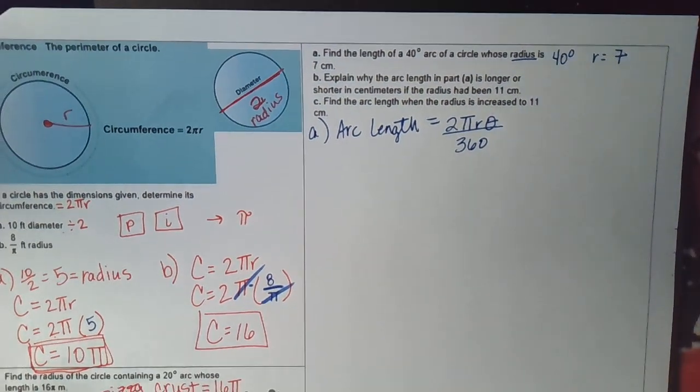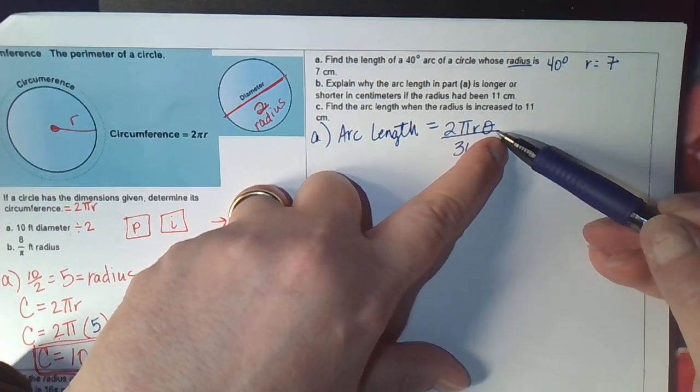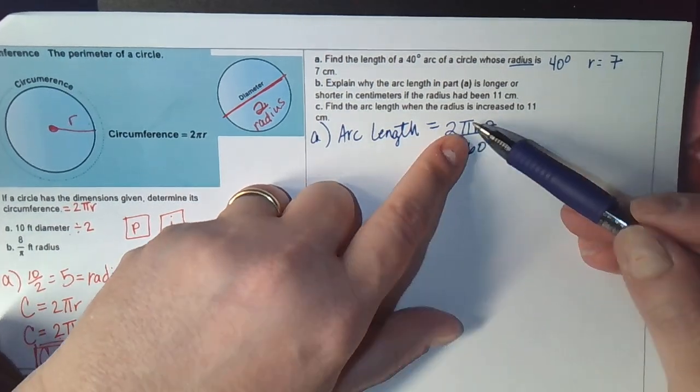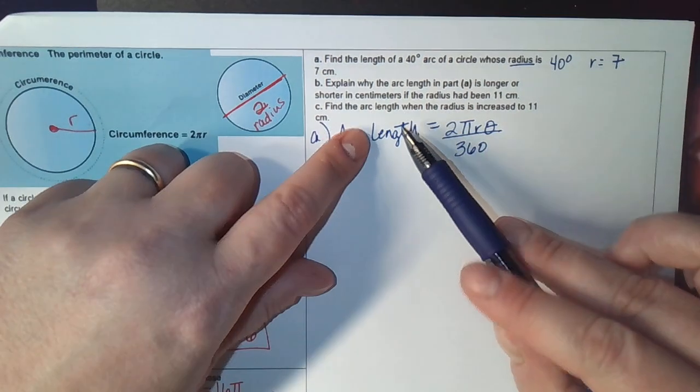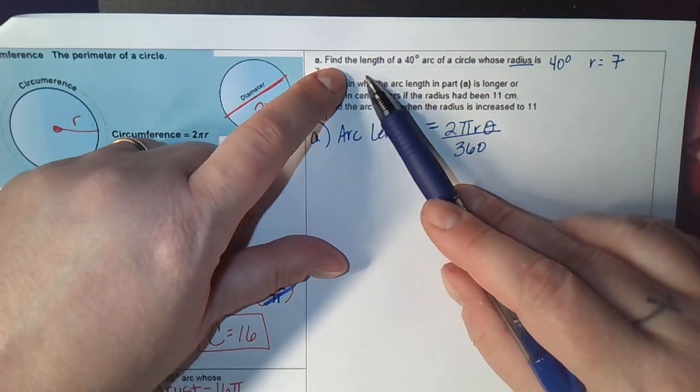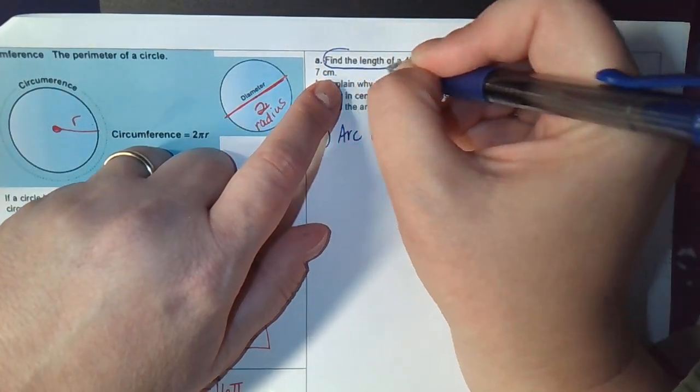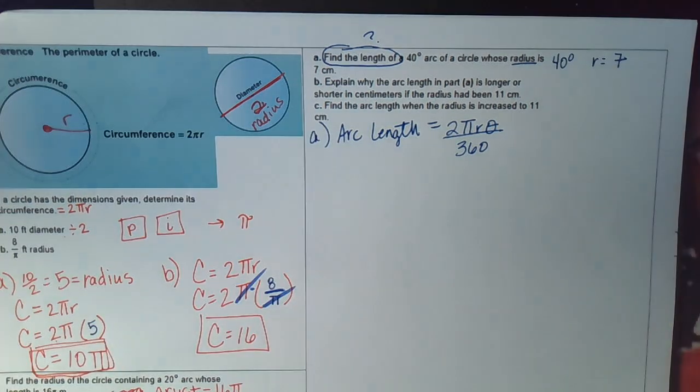Okay, so let's plug in what we got. We got the r and we got the theta. The pi is a symbol in our calculator. Huzzah! Okay, arc length is what we're supposed to find. Darn. Okay, well, let's go for it.